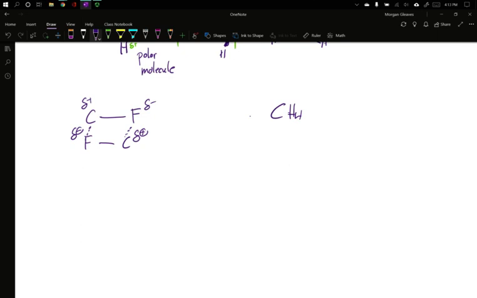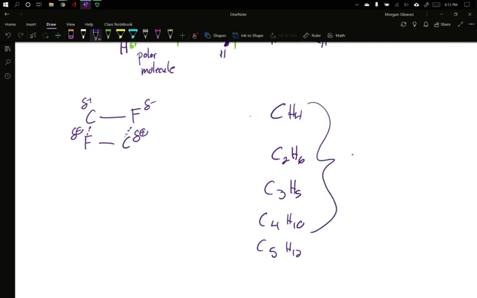In fact, larger molecules, C2H6, C3H8, C4H10, C5H12. As you make bigger and bigger and bigger molecules, the first 4 are all gases at room temp. You have to be very large before you're a liquid at room temp.